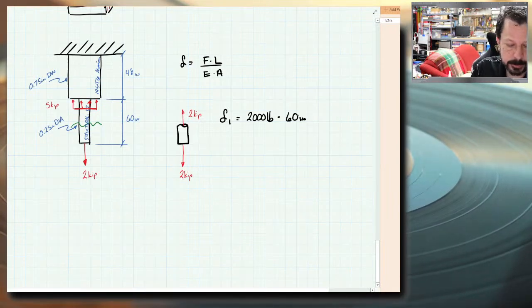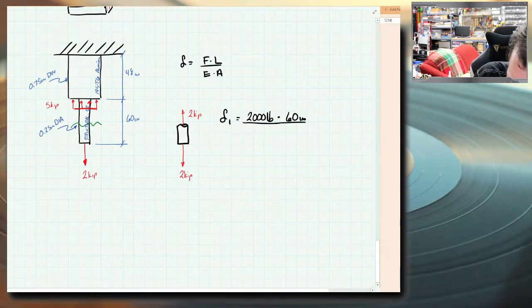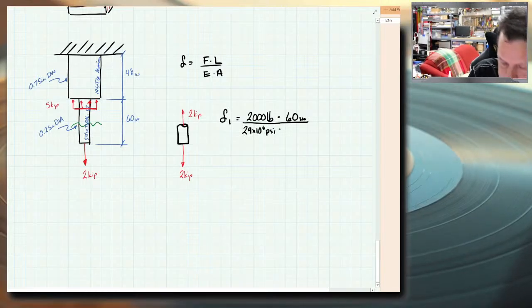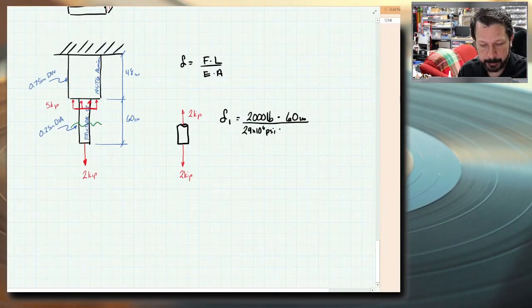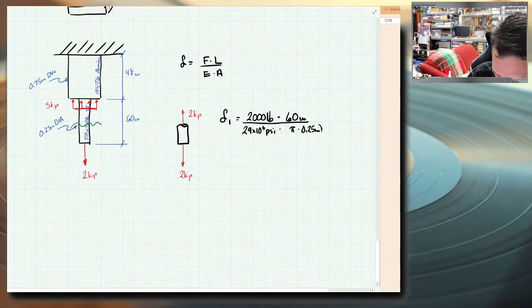And so all of the structural steel falls into that category. So I use the 60 inches as the length here. We can still use our 29 million psi for the modulus of elasticity of structural steel. And then it has a cross-sectional area. It has a diameter, so pi times 0.25 inches squared over 4.